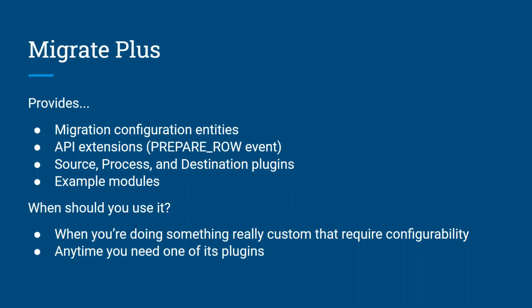It also serves as kind of a storage spot for a lot of different source, process, and destination plugins, many of which are incredibly useful. And it's a great module for doing that.